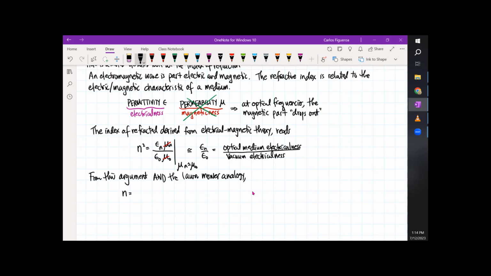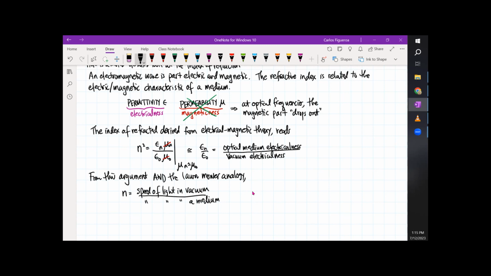has to be really the sort of like the vacuum versus a medium. It turns out that it's the speed of light in vacuum divided into the speed of light in a medium. So looking at both of these, we know that the lawnmower tells us about the speed.